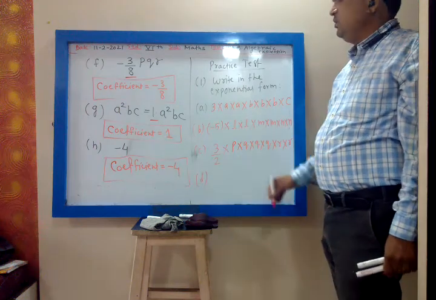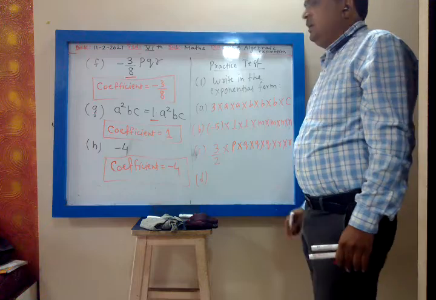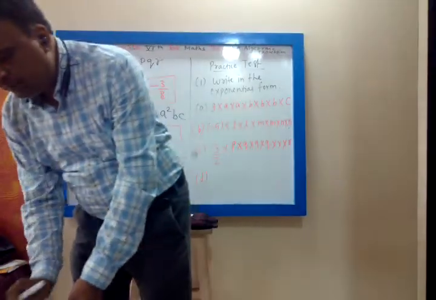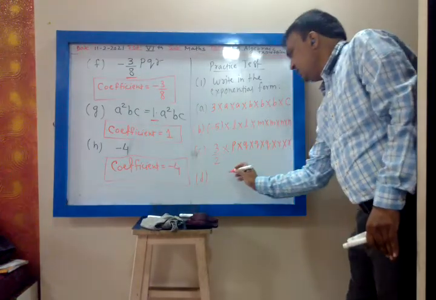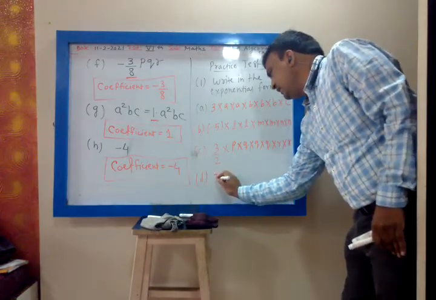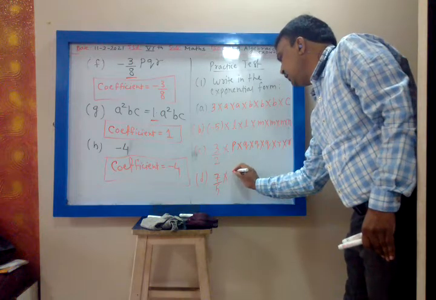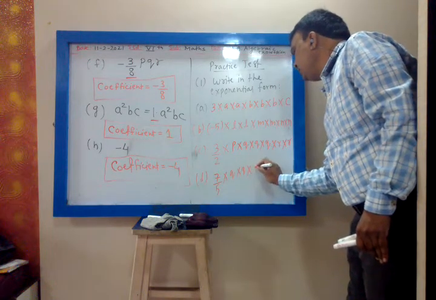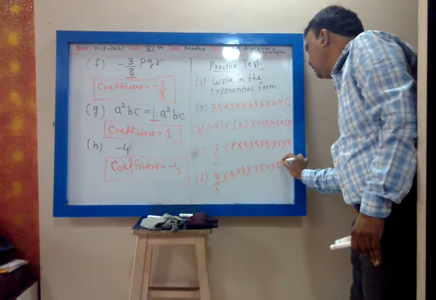You have to do it right now. Practice test. This is the classroom problem. No, my dear, 9.3 we have to solve. 9.2 is over. Then it is 7 by 5 into q into r into r into r into r.